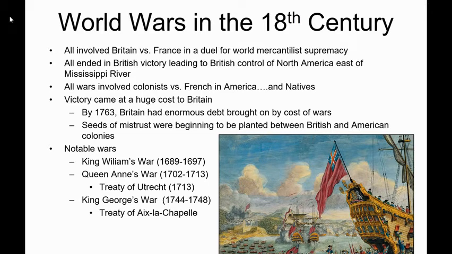The King George's War, you can see there in the 1740s, ends with the Treaty of Aix-la-Chapelle. And again, you have a situation where at the end of the war, colonists in New England had worked with or fought with British colonists to take over the stronghold of Louisbourg, which you can see the battle in our picture down in the bottom right.